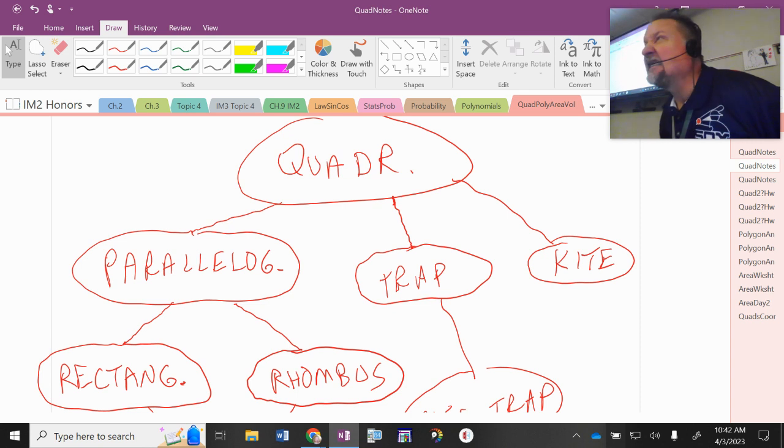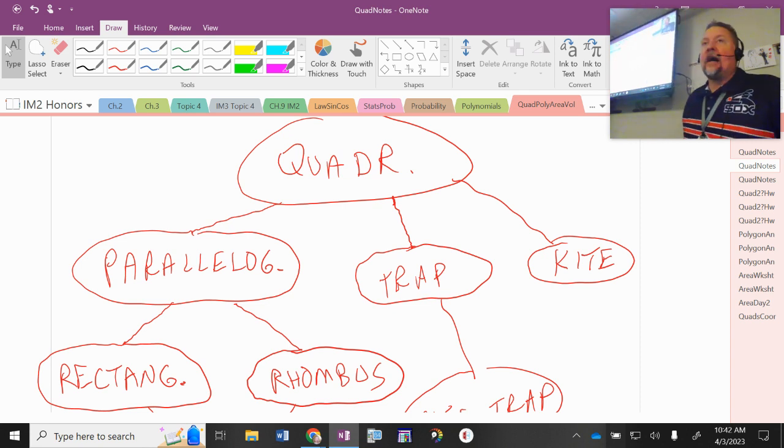Always, or yes, in the sense of that worksheet. Is a rhombus a rectangle? 3, 2, 1, go. Never. Okay, that's a no. So you can't go that way. A rhombus is not a rectangle. They're both parallelograms, but a rhombus and a rectangle can't be compared.